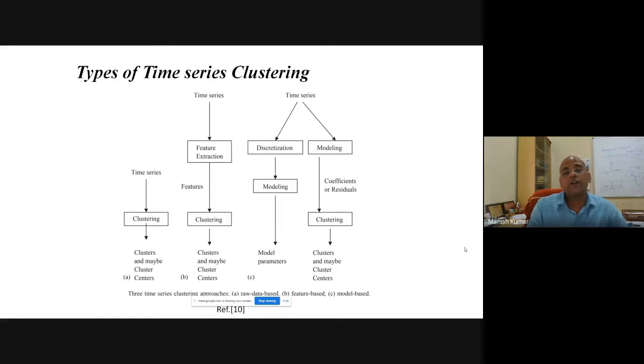Whereas in the second case, the clustering is based on features. In that case, there is one component added, feature extraction. First, you have to extract the features which are required for the clustering.